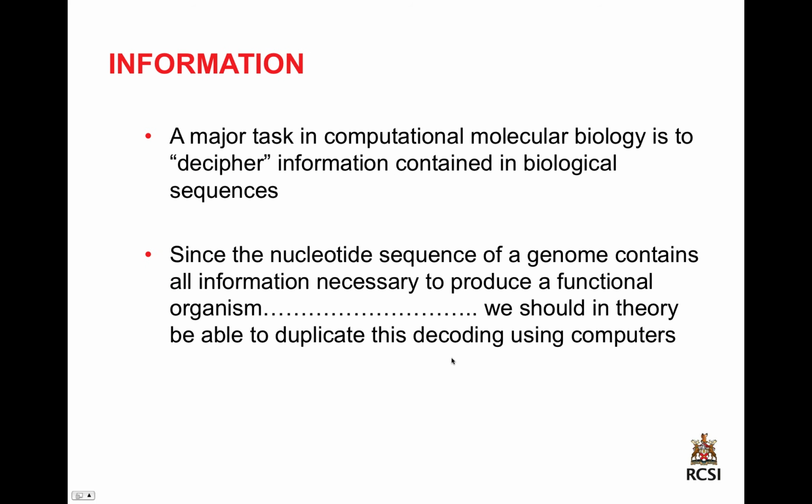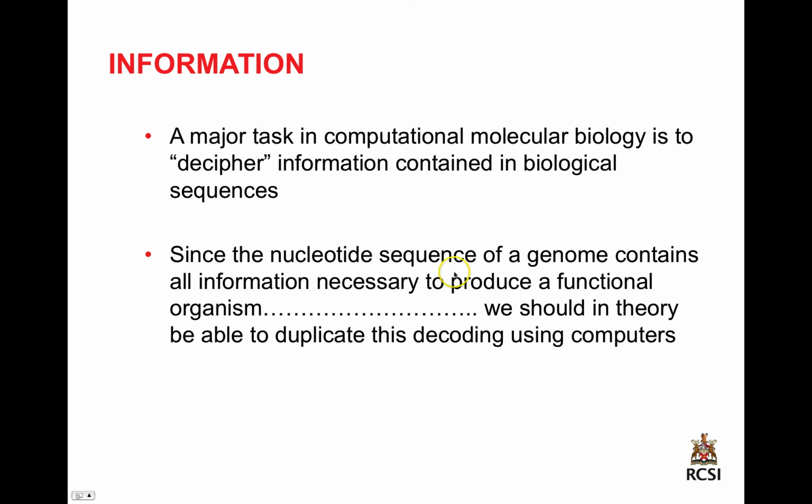So, why is this important? Well, a major task in computational molecular biology, informatics, bioinformatics, is to decipher information contained in biological sequences. So if we can chop something up and look at its constituent parts, what does that mean?